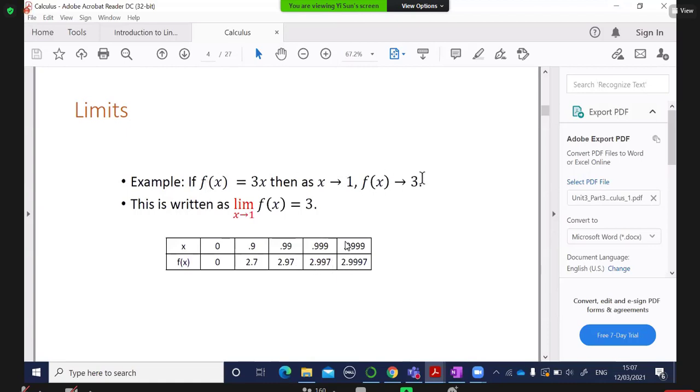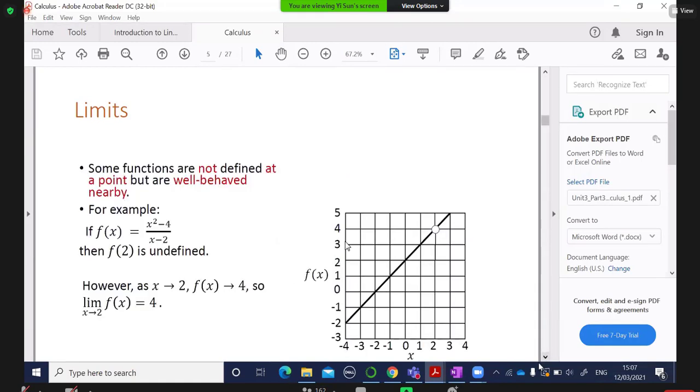To say this is too long, so we can use one single short equation to express the whole statement. This means the limit, when x approaches 1, of the function is 3.